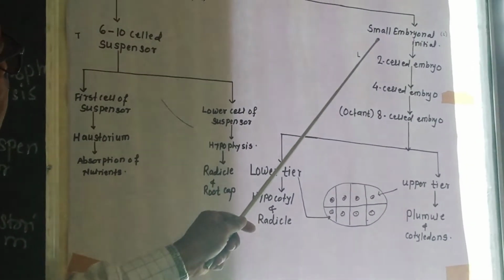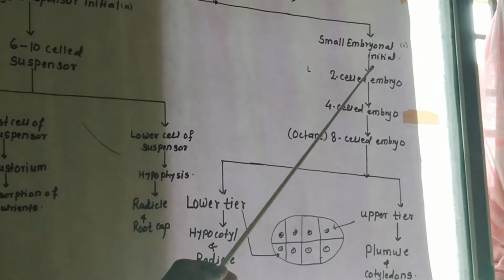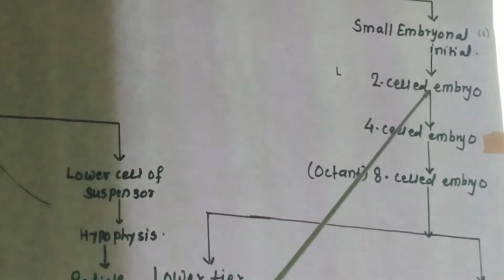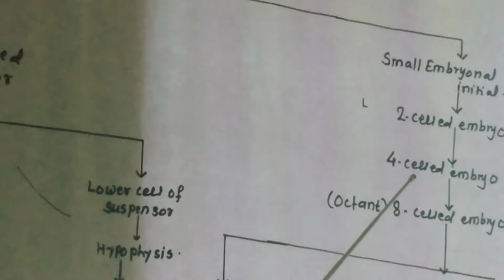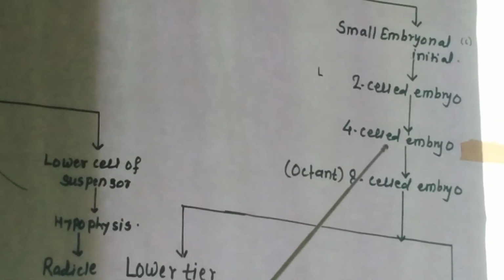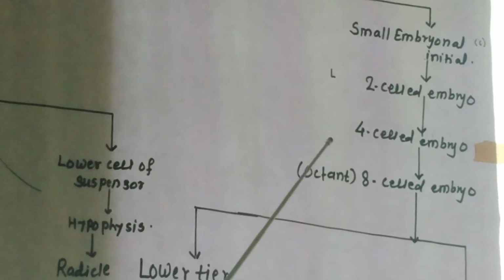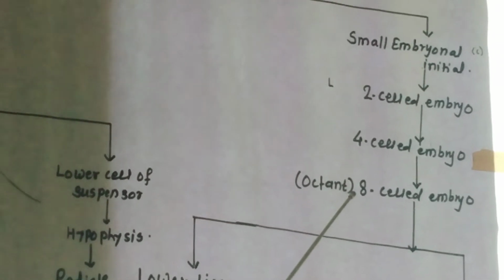Suppose this is the small embryonal initial. It forms a 2-celled embryo in the first mitotic division, a 4-celled embryo in the second mitotic division, and an 8-celled embryo in the third mitotic division. It is also called an octant.